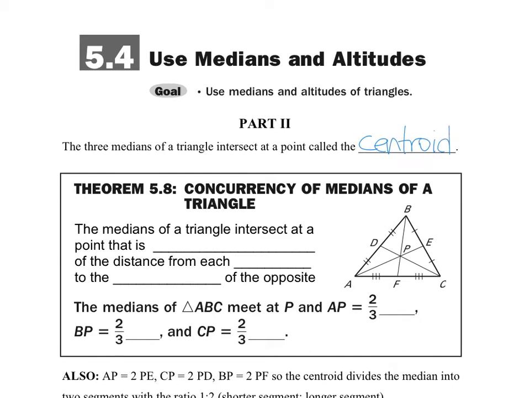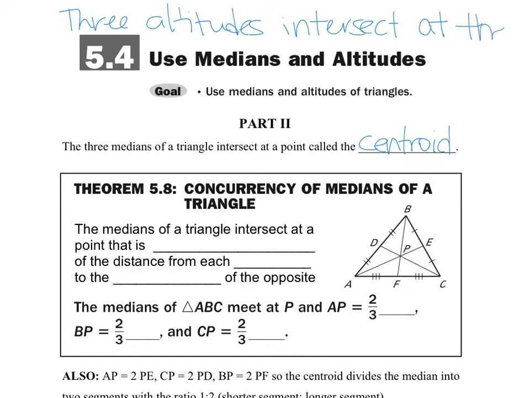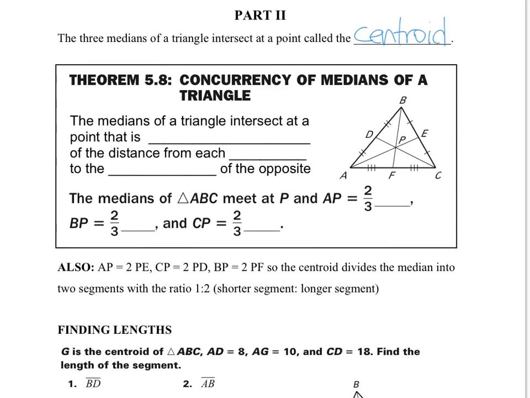If we want to talk about the altitudes, the three altitudes intersect at this thing called the orthocenter. So another vocabulary word that you need for the project. Okay? And the medians intersect at the centroid.